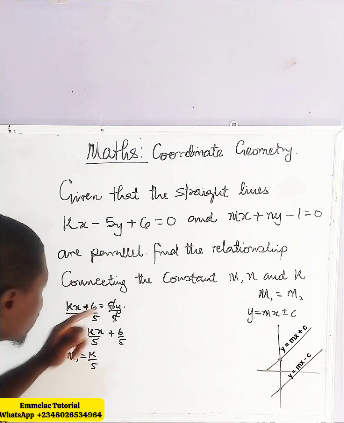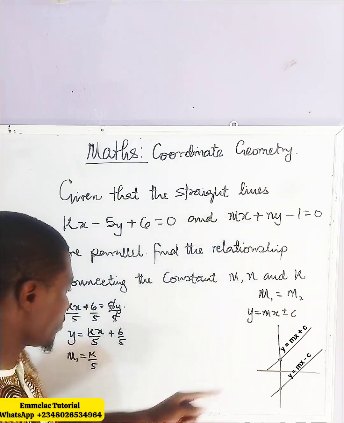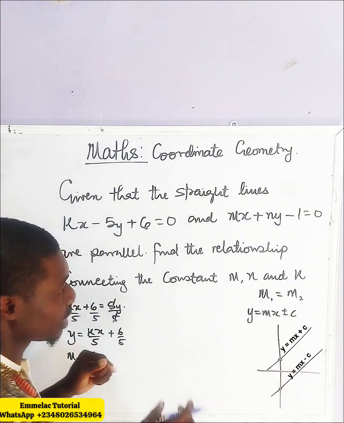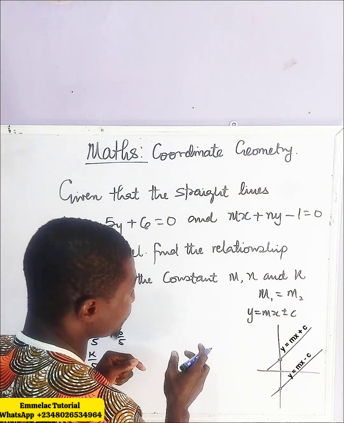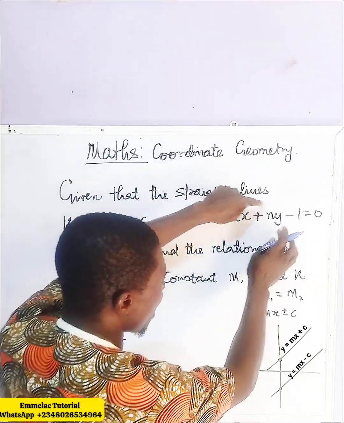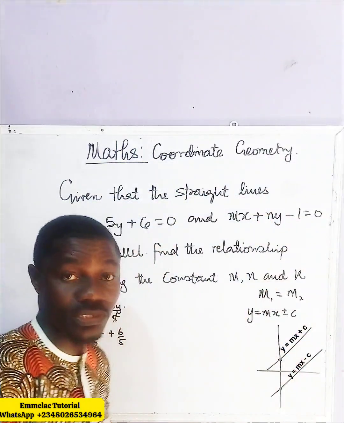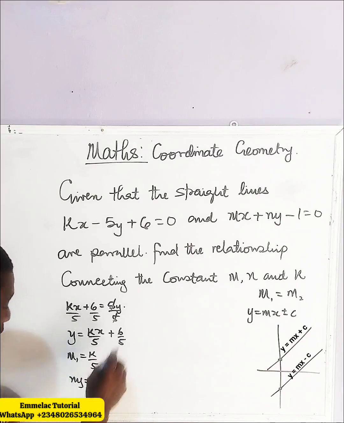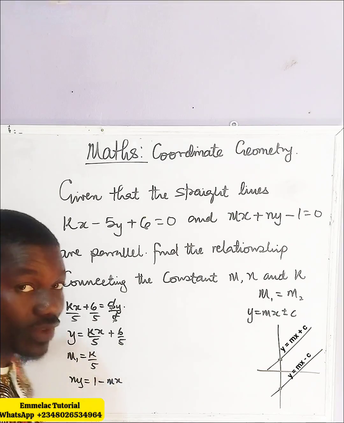Now the next one is to also transform this equation into this pattern. What we just need to do here is take mx and negative 1 to the right hand side. So we end up having ny equals 1 minus mx. Now let's divide both sides by n.